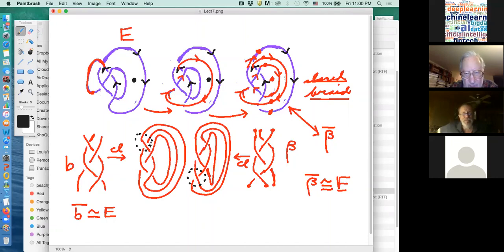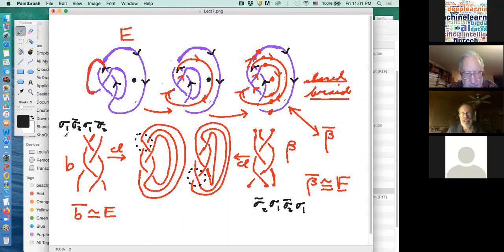As a braid, this one is sigma 1, sigma 2 inverse, sigma 1, sigma 2 inverse, right? Let's write it. Sigma 1, sigma 2 inverse, sigma 1, sigma 2 inverse. And this braid is sigma 2 inverse, sigma 1, sigma 2 inverse, sigma 1.